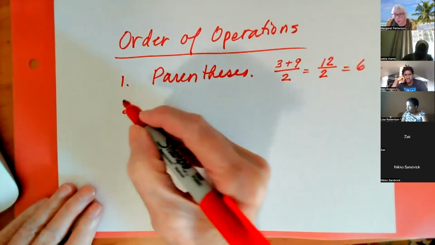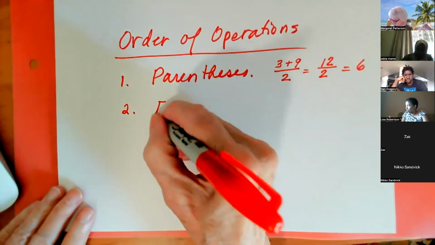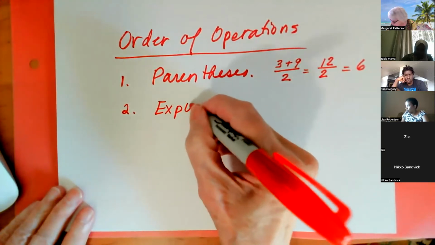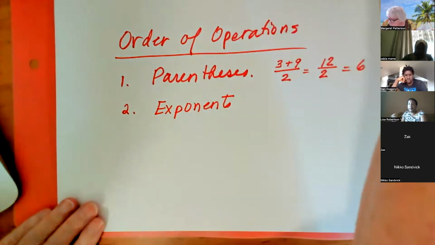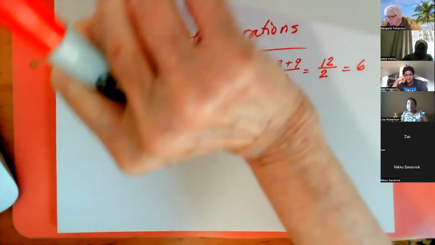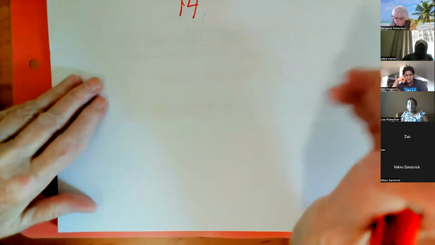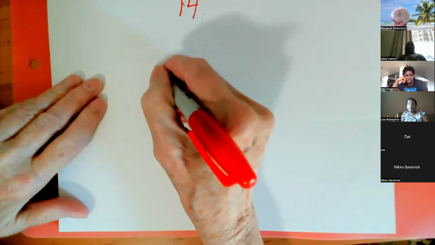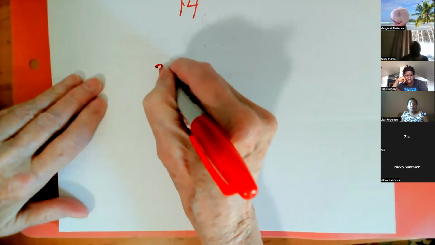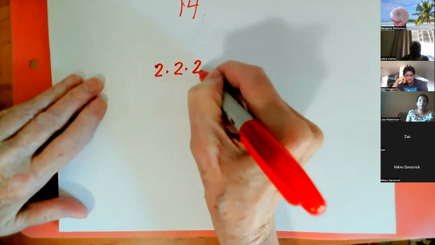The second one that's in our list is exponents. Now, let's just take a look at exponents. If I had, for instance, let's do some exponents. 2 times 2 times 2.